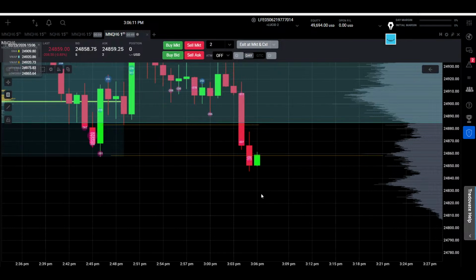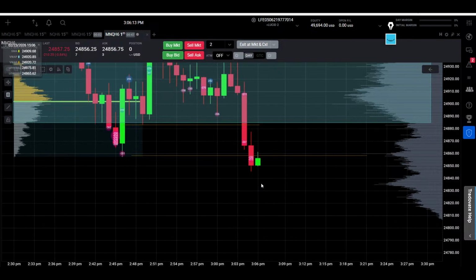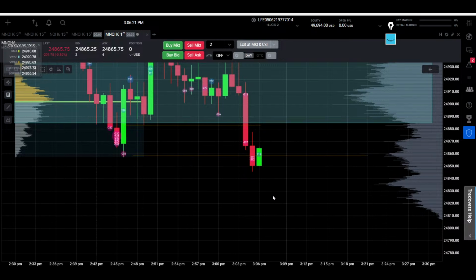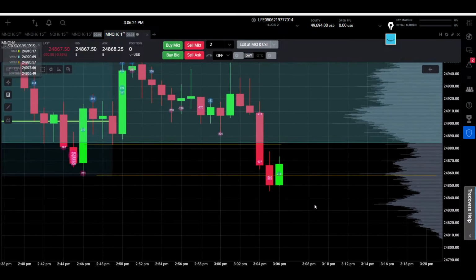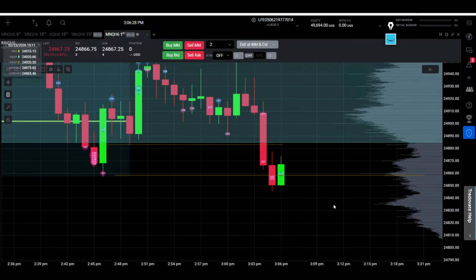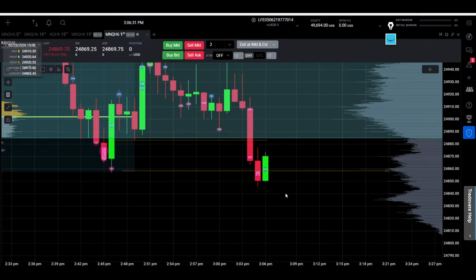See? Goes back. It's not convincing. It needs to stay below here, and I will do the sell. It's not doing it. Went back into the range.